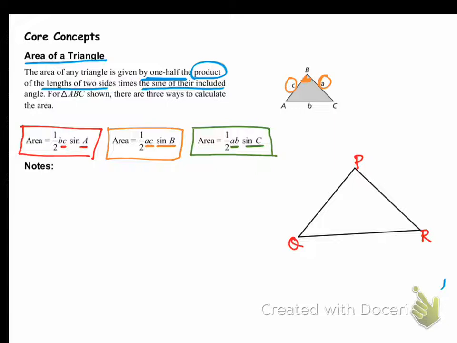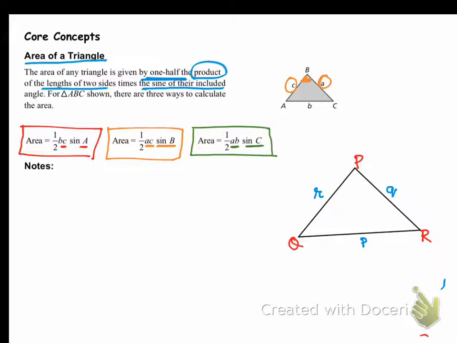You can stop the video or continue. My sides are going to be named like this: this is lowercase p, this is lowercase q, and this is lowercase r.